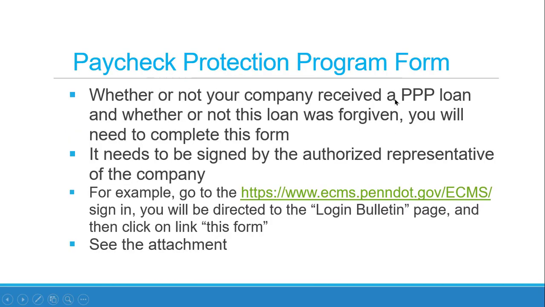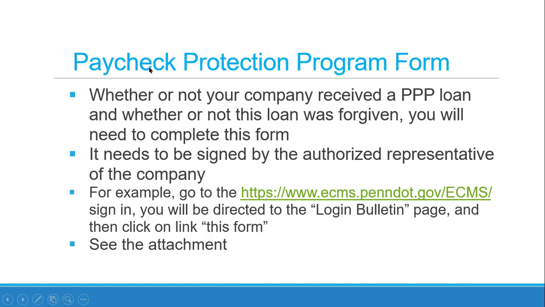The final document that you will need to provide is something called a Paycheck Protection Program form. This program, commonly referred to as the PPP program, which arose from the COVID-19 pandemic, is something many companies sought financial relief from the federal government.